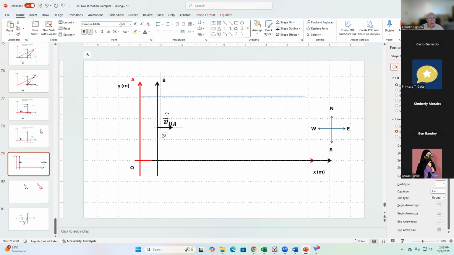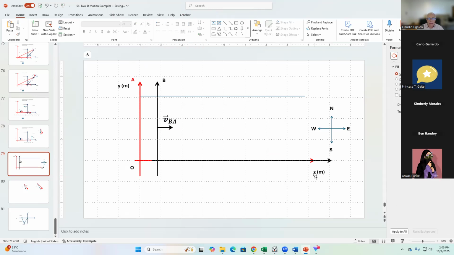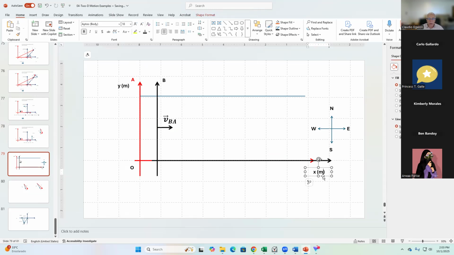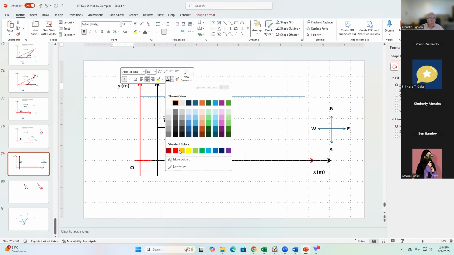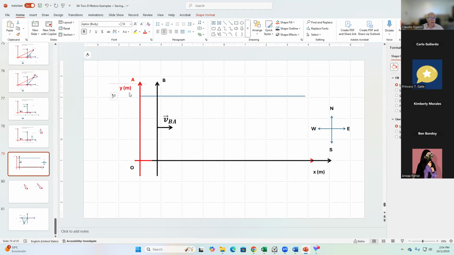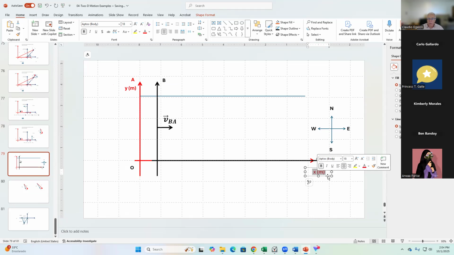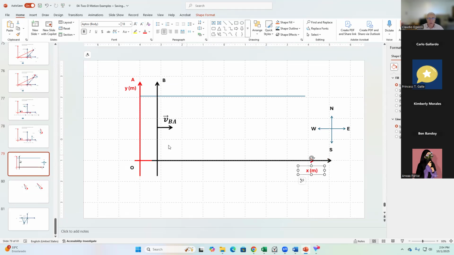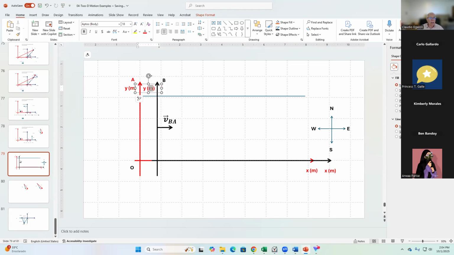One more thing here that I did: instead of a black color, I'm going to put a red color for referential A. This one is going to be referential A as well, so it's going to be the red color. And now I will duplicate those two to label referential B, and I'm going to put them in black color.